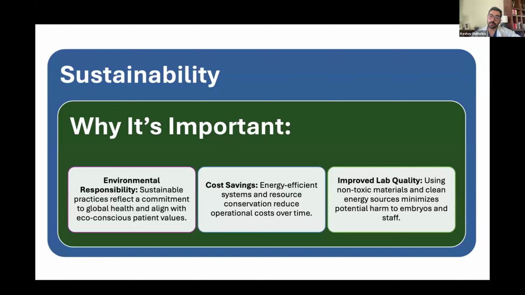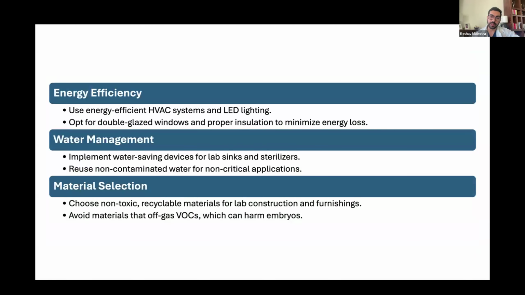We also need to think about energy efficient systems. And especially when we're working in an IVF laboratory, using non-toxic materials, which have minimum harm to the embryologist or the embryos, is something that we want to think about. And these are certain things that we would want to do for our laboratories.